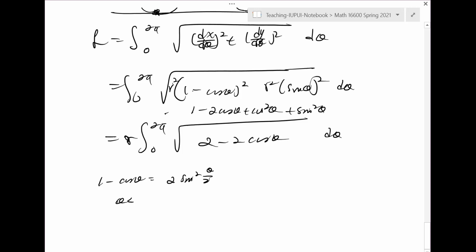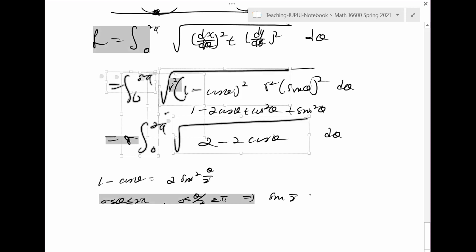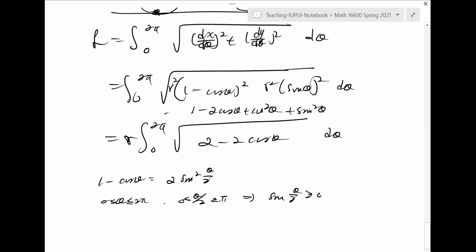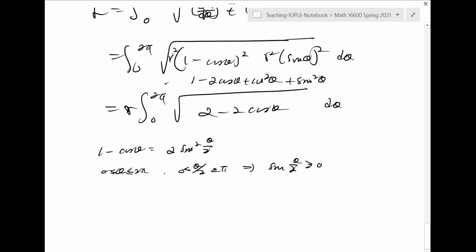When theta is between 0 and 2 pi, half theta is between 0 and pi, and that implies sine of half theta will be greater than 0. Because when we remove the radical, we have to make sure the sine of half theta is positive. Otherwise, you have to put an absolute value.